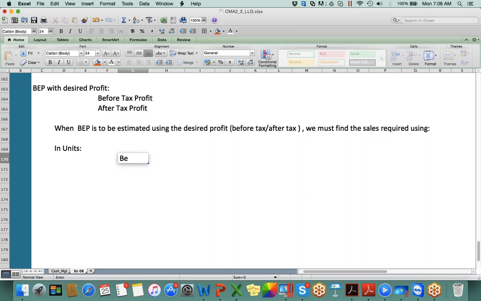It is before tax. I am giving you before tax. After tax I will give you later. Break-even point with the desired profit.